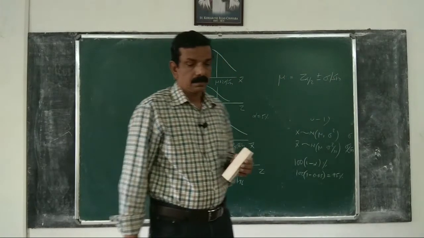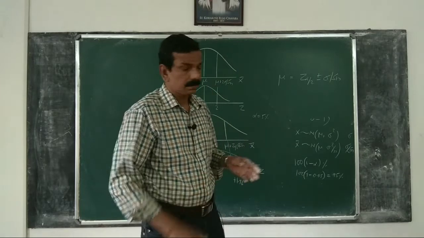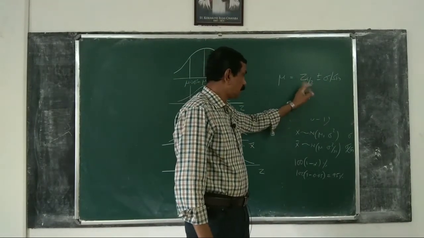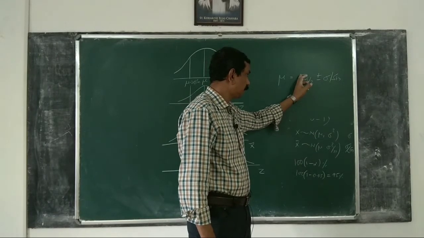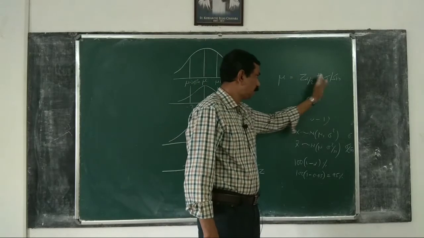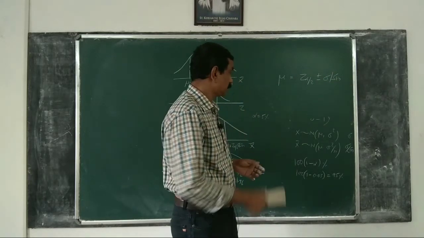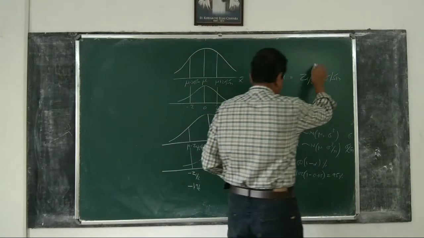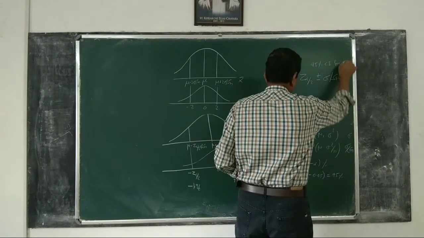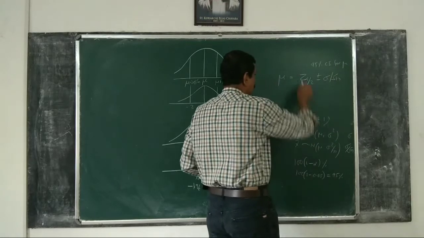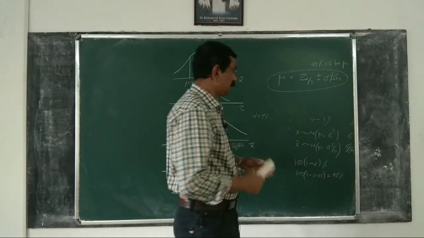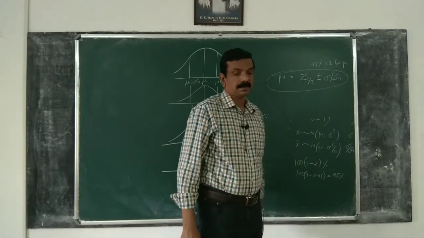Mu is equal to z alpha by 2 sigma by root n. Depending on alpha, this value of z varies from one alpha to another. If alpha is 5%, we will say that this is a 95% confidence interval for mu.